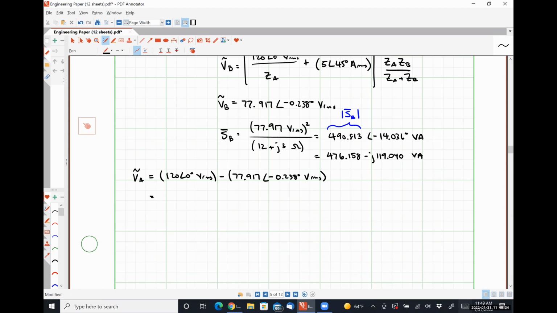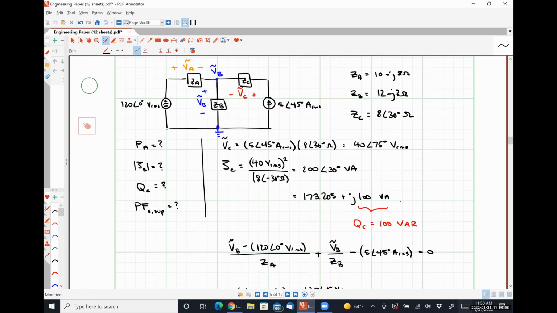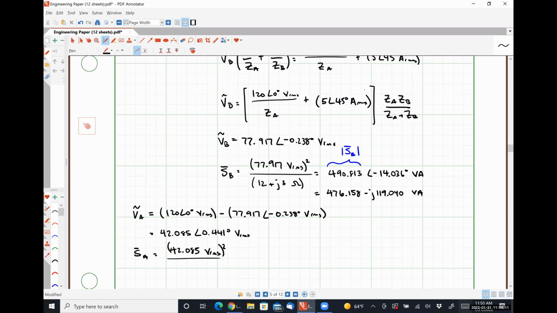And I get 42.085 angle 0.441 degrees volts RMS, which means the complex power absorbed by A is 42.085 volts RMS squared, divided by the complex conjugate of ZA, which will be 10 minus J8.